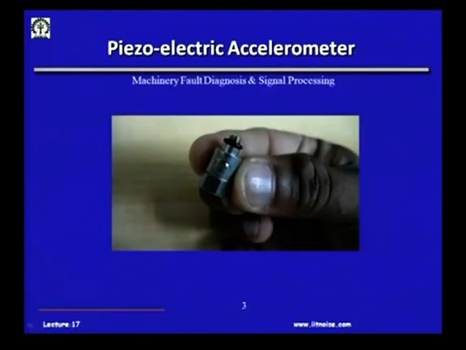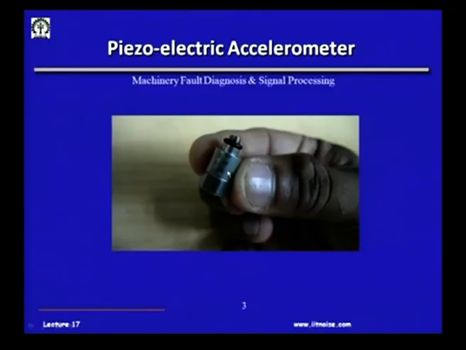So, for example, if you look at this accelerometer here, this is the connector wherein we get the charge, which will be amplified and then propagated. This is the base, and the piezoelectric crystal is already sealed inside this.